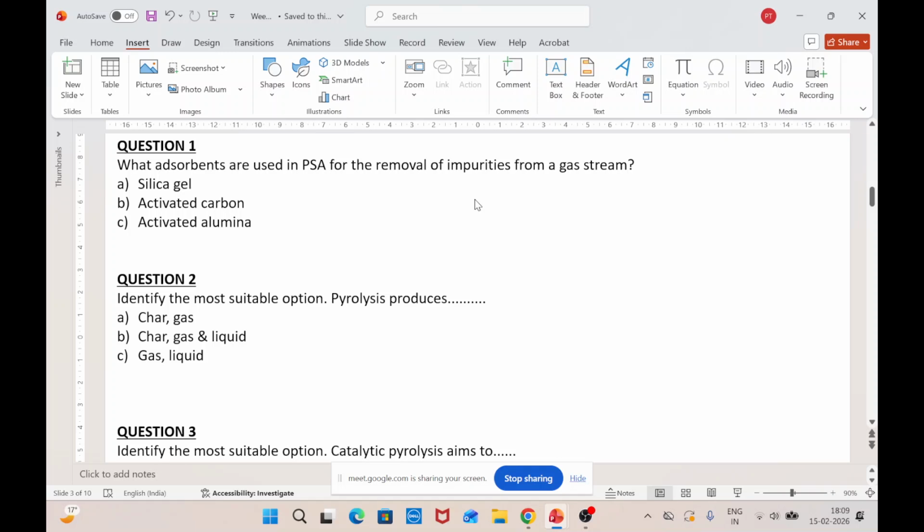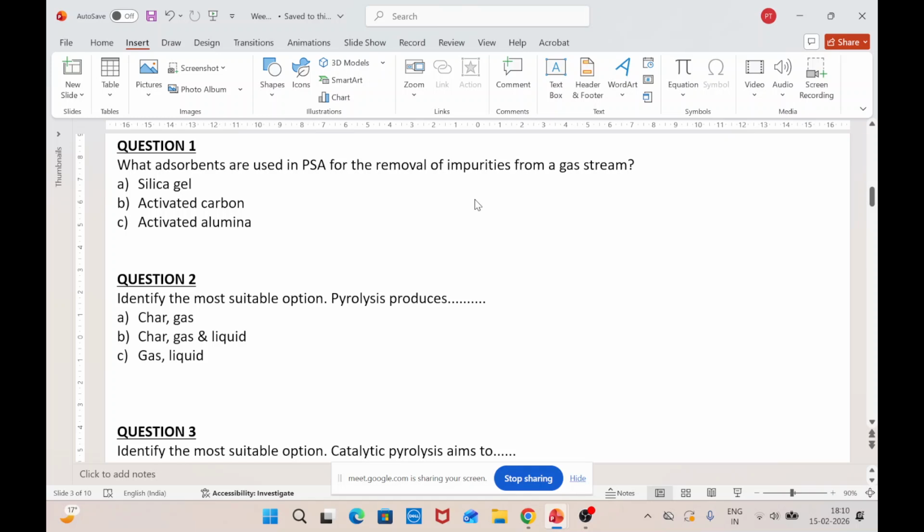So the first question is, which of the following are used as an adsorbent in PSA? How many of you know what is PSA? Pressure swing adsorption, for the removal of impurities from a gas stream. So which one of the following is used as an adsorbent? Adsorption is a surface phenomenon, absorption is a bulk phenomenon, so it is adsorbent.